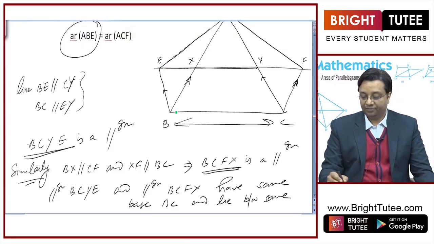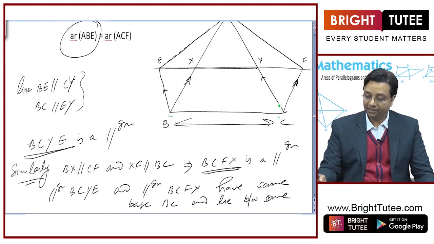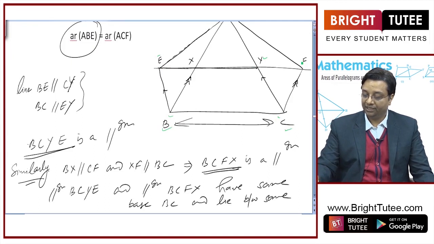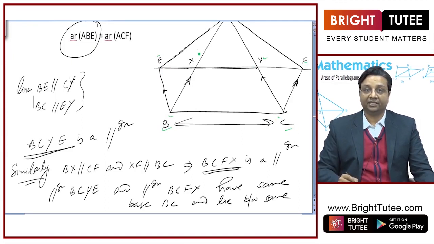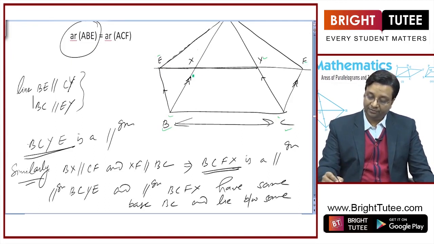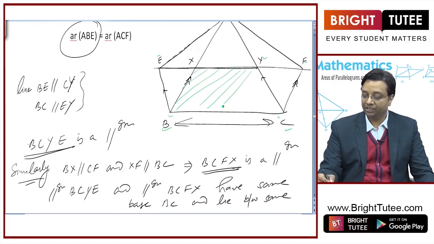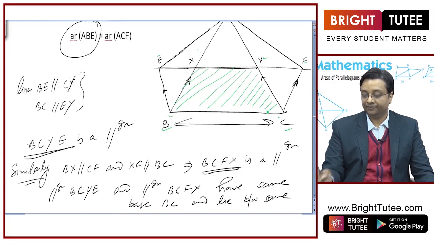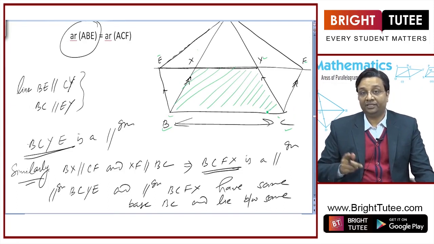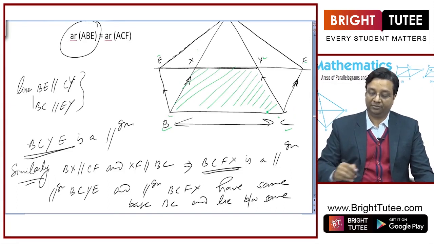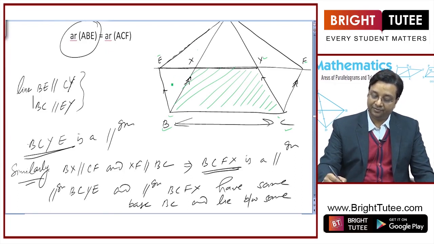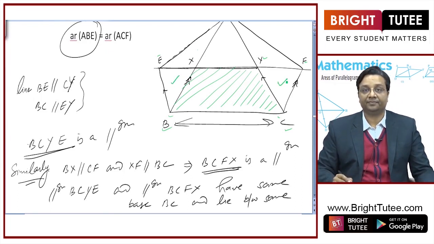If this area of parallelogram BCYE is equal to area of BCFX, right? These areas are equal, and this area is common to both these parallelograms, right? So, if I subtract it from both the parallelograms, I will get this area equal to this area.